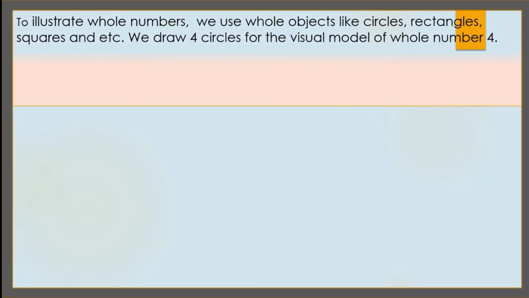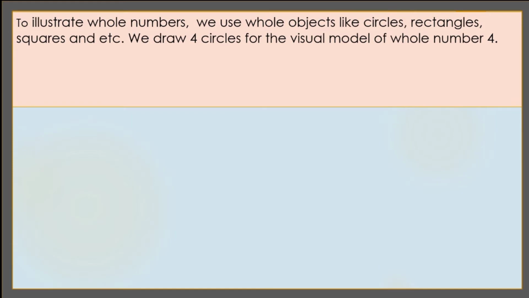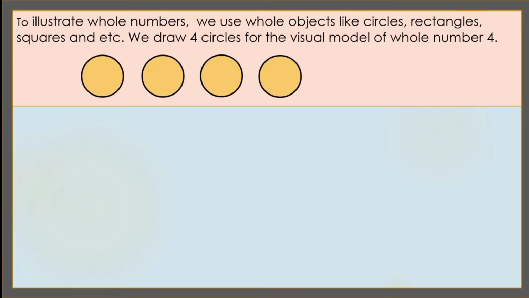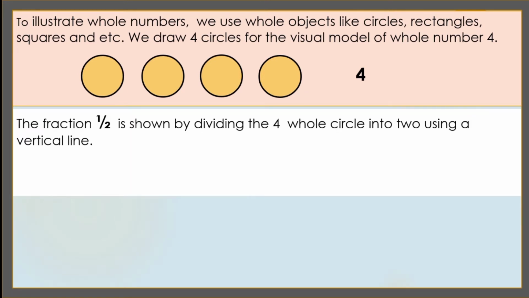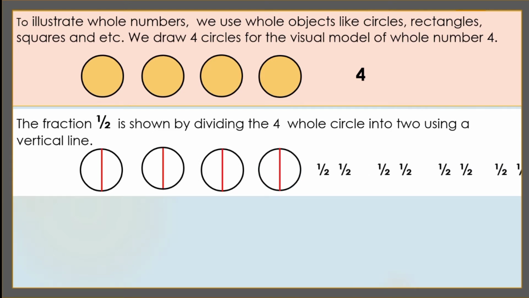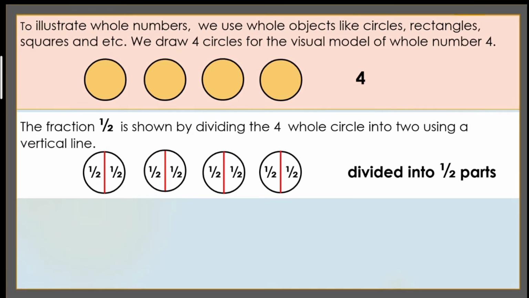To illustrate whole numbers, we use whole objects like circles, rectangles, squares, and etc. We draw 4 circles for the visual model of the whole number 4. The fraction 1/2 is shown by dividing the 4 whole circles into 2 using a vertical line.